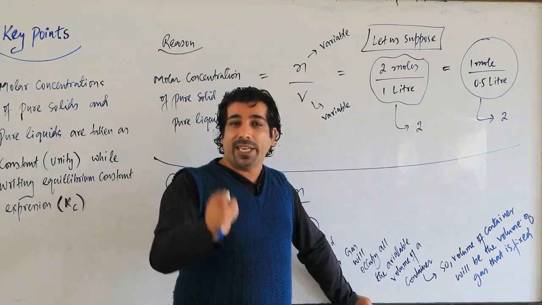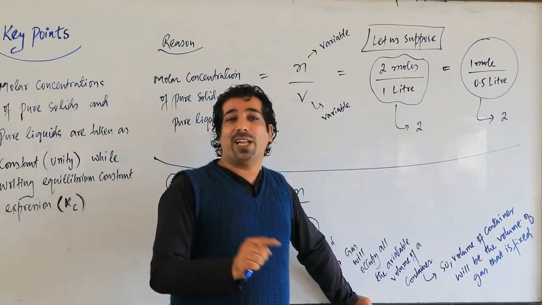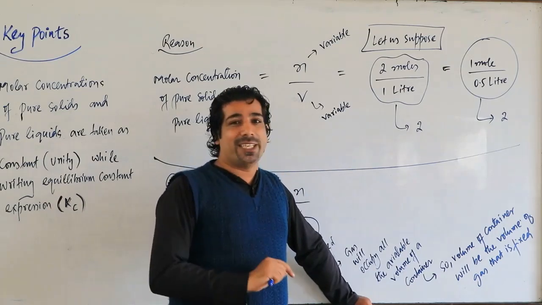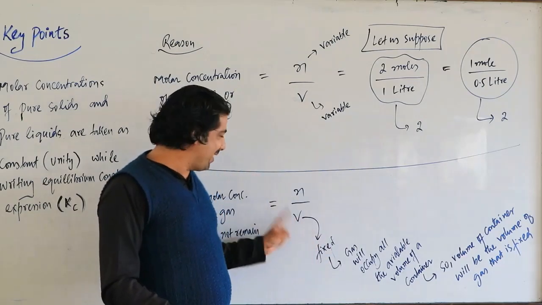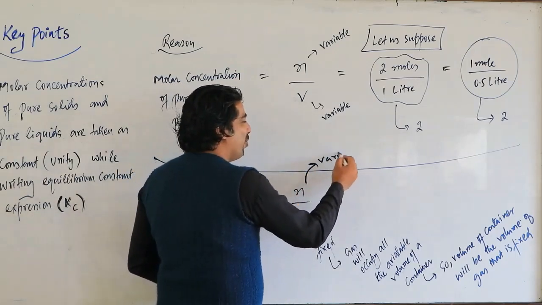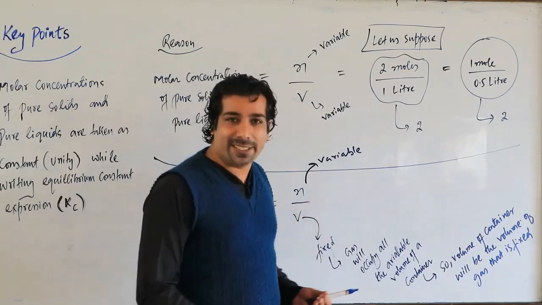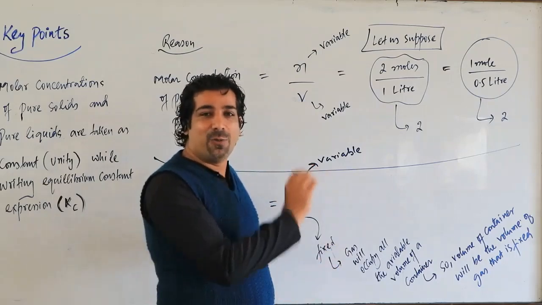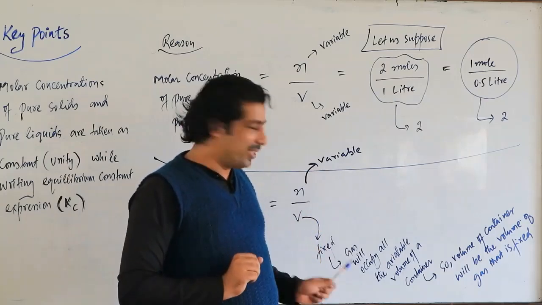So the volume of container is fixed, and obviously the volume of gas is also fixed. So this term is fixed here, but this term is variable. The number of moles of gas will change but volume is fixed, because volume of gas is equal to volume of the container.